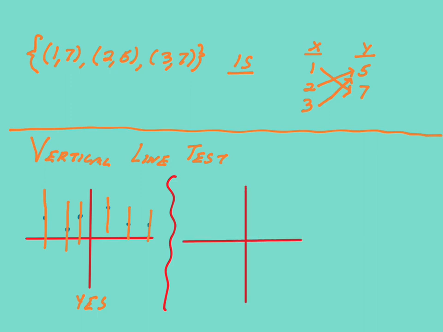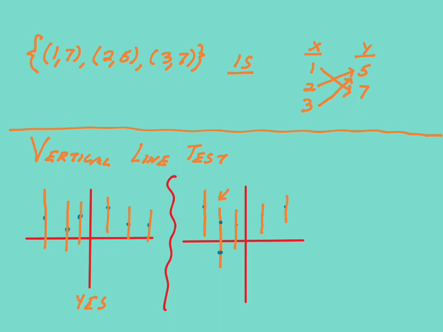Second example. Let's draw some dots again. And let's try it again. If I begin to draw my vertical lines, you see that right here, I had this blue point and this blue point, and they have the same x value but different y values.